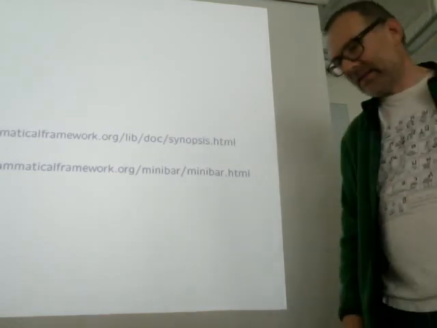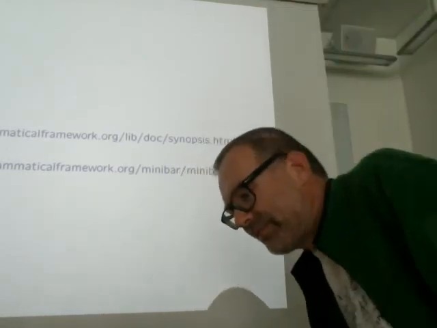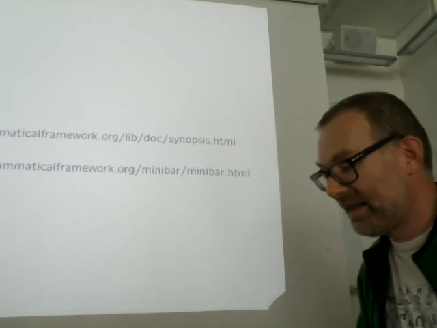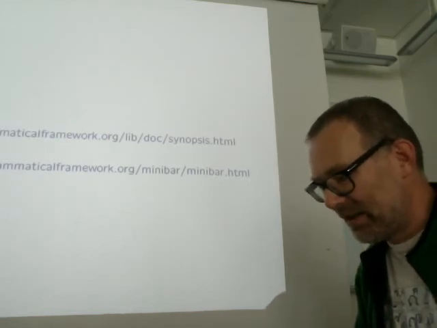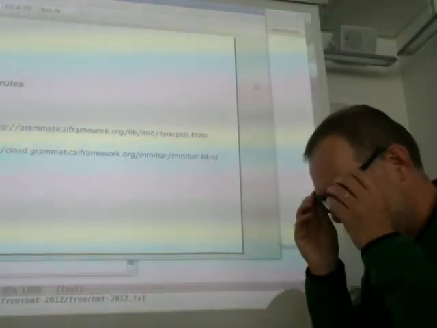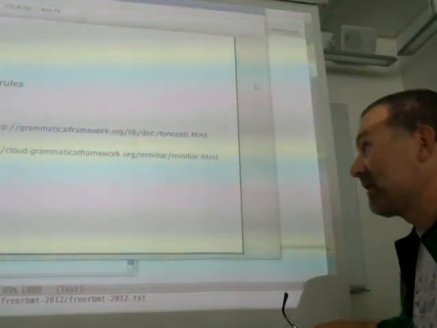And there is documentation for the syntax in the synopsis document. I will show that, as there is a demo where you use a part of the resource grammar for parsing.